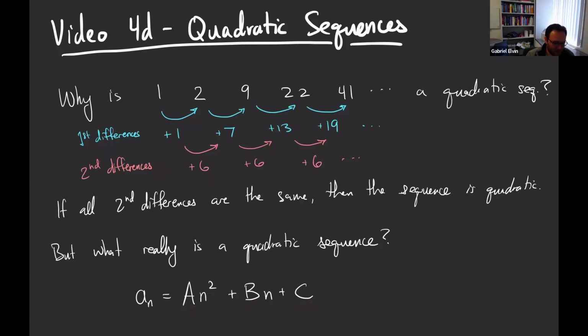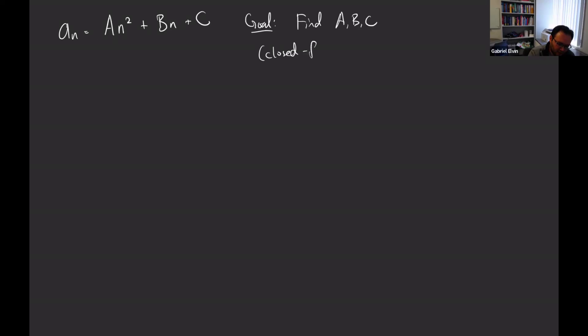I'm going to rewrite some things here. a sub n is A n squared plus B n plus C. The goal is to find A, B, and C, i.e., a closed form formula.